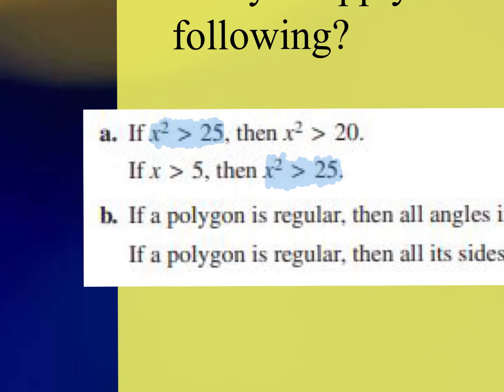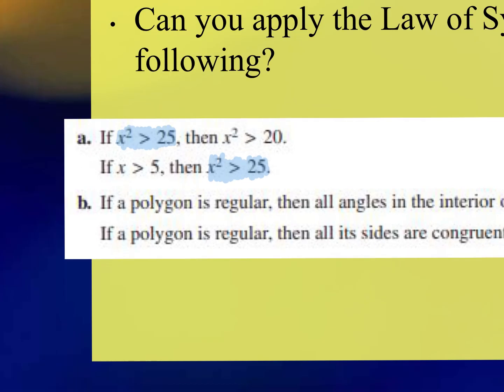So we have x squared is greater than 25 being used as a hypothesis and a conclusion. But remember, for law of syllogism, it needs to be used as the conclusion first and then the hypothesis. So what do I need to do to these two statements? Just reverse them, right? Write the second one first. So we're just going to write it in the exact same way, just in reverse.